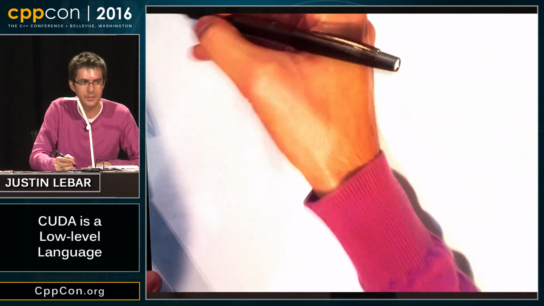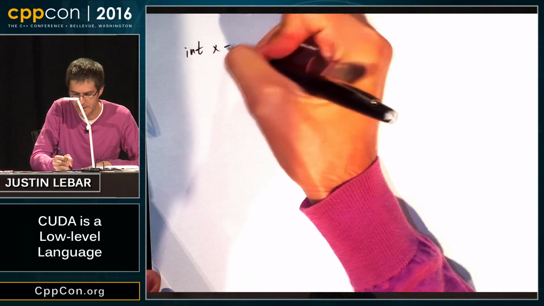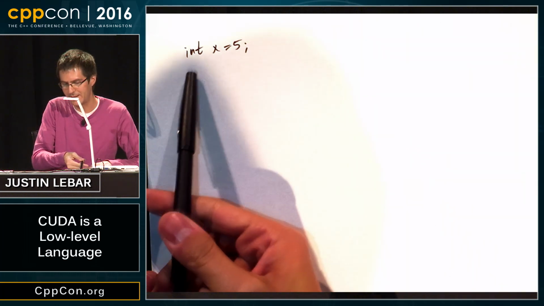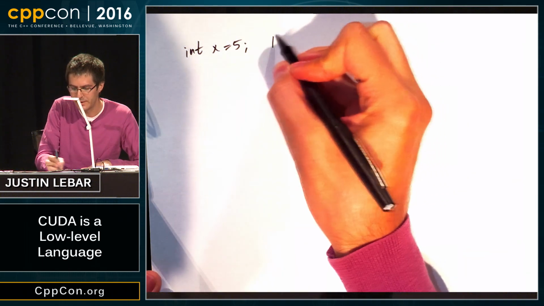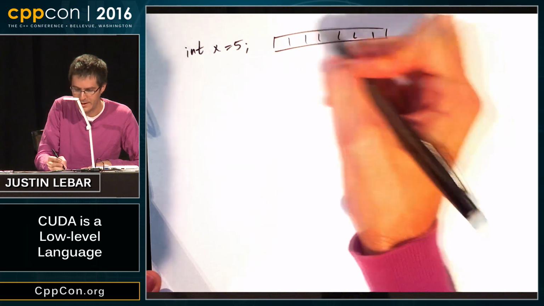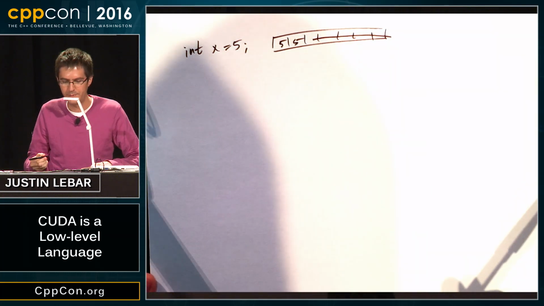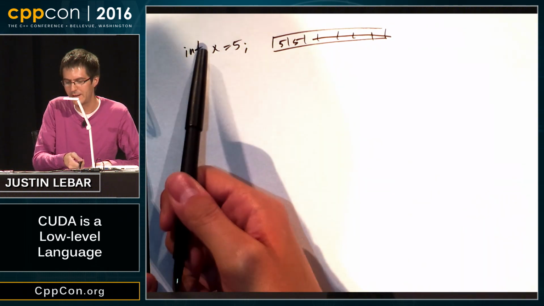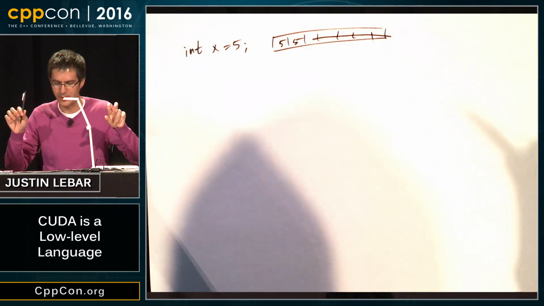So to be concrete about this, when I write int x equals 5 in my CUDA code, we say that this is a single thread running int x equals 5. What's actually happening is there's some SIMD register with 32 elements, and I'm putting 5 in each of them. So we're going to call the unit of execution that is running the code that we've written a quote-unquote software thread, or maybe just a thread.